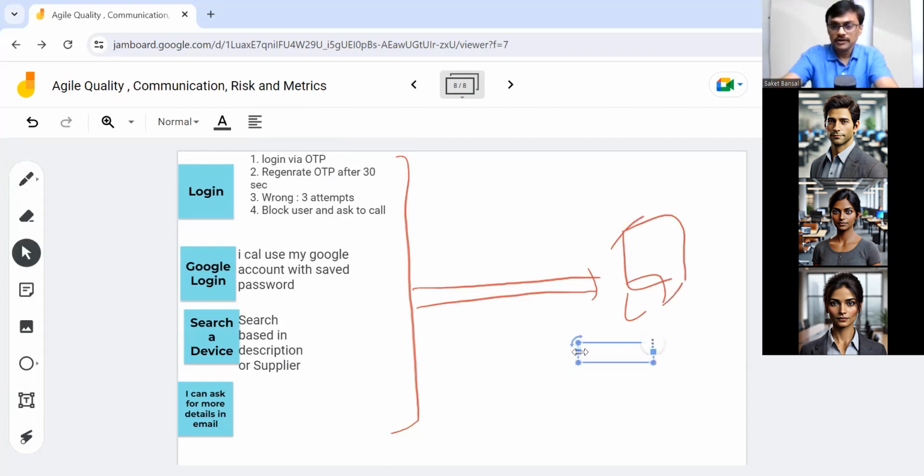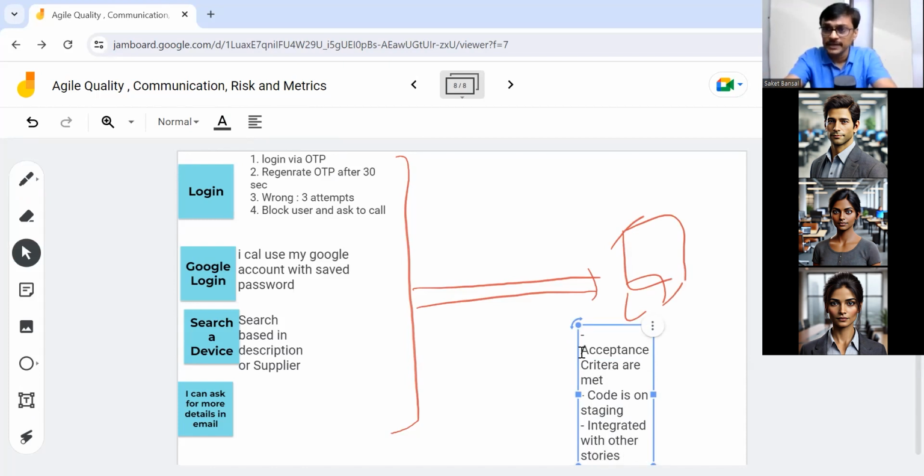You are saying, guys, we need to make sure acceptance criteria are met. That will be the first line in your definition of done. Make sure that code is on staging. It should be integrated with other stories. It should not be that I only have one story on one menu and I will show it.